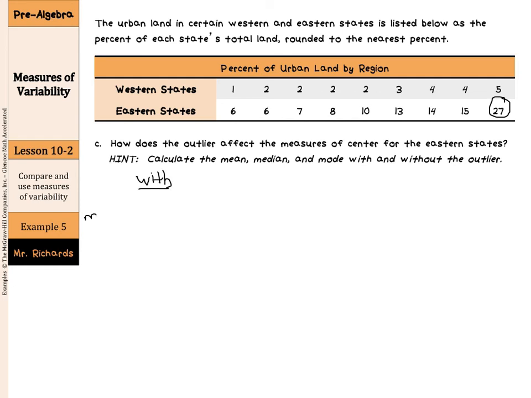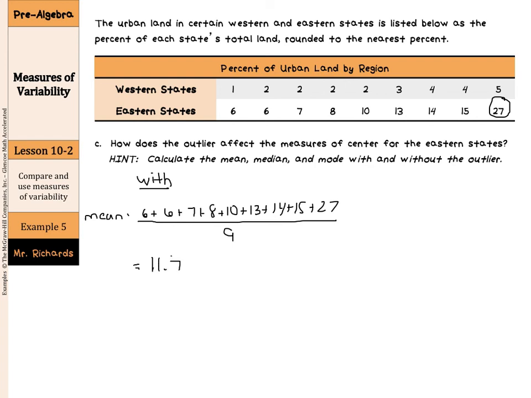To calculate our mean, we take our 6, 6, 7, 8, 10, 13, 14, 15, and 27 and add them all together and divide by the 9 states that are there. And this result is 11.7 with that 7 repeating.